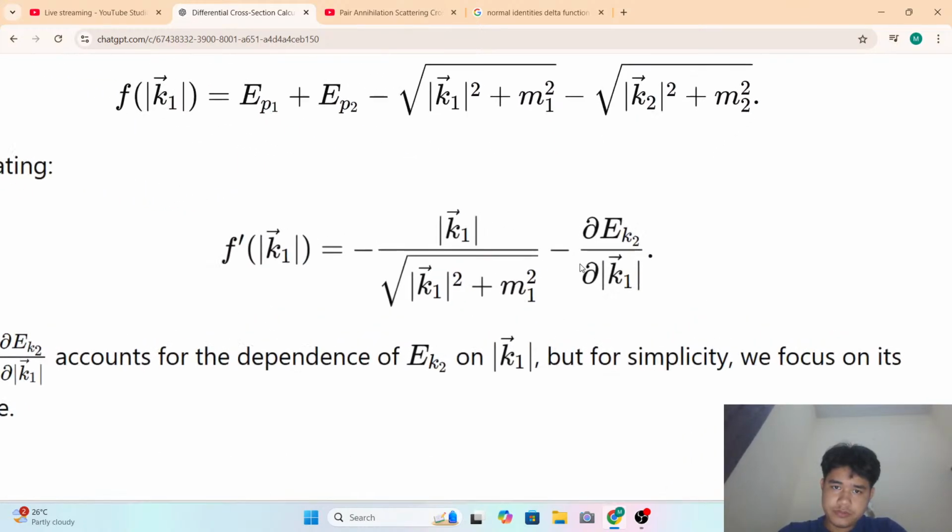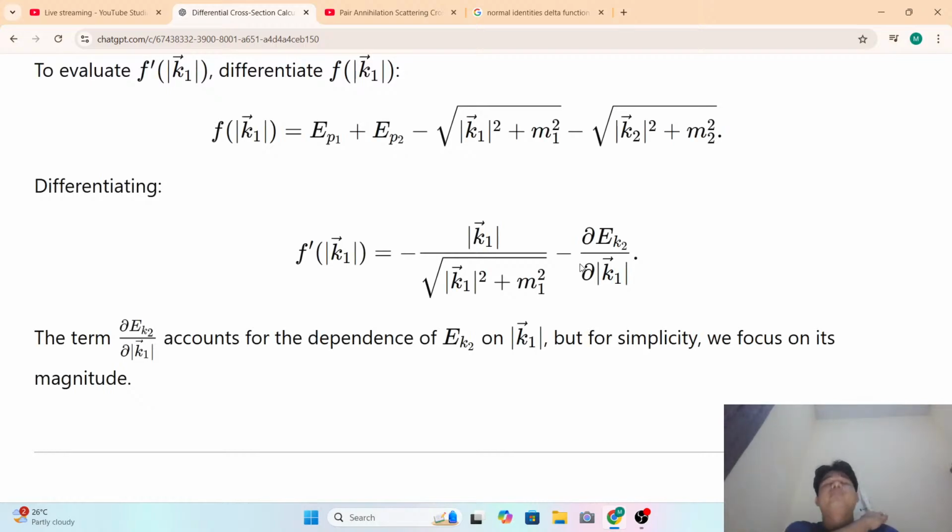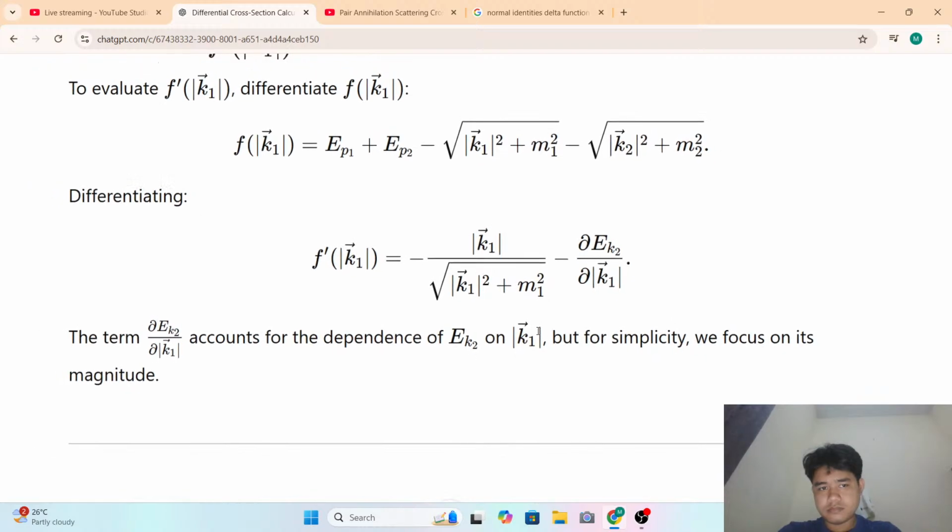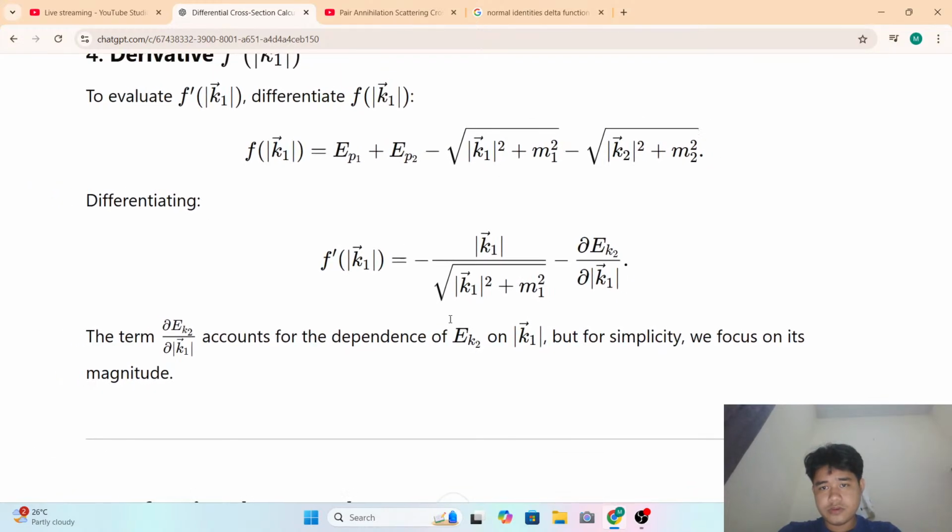The rest becomes 0, right? Yeah, the rest becomes 0. Only this one's left. The term comes from the dependence of it on k1, but for simplicity we focus on its magnitude.